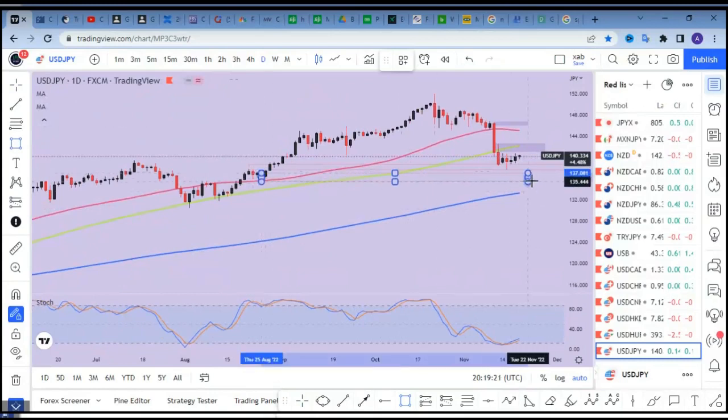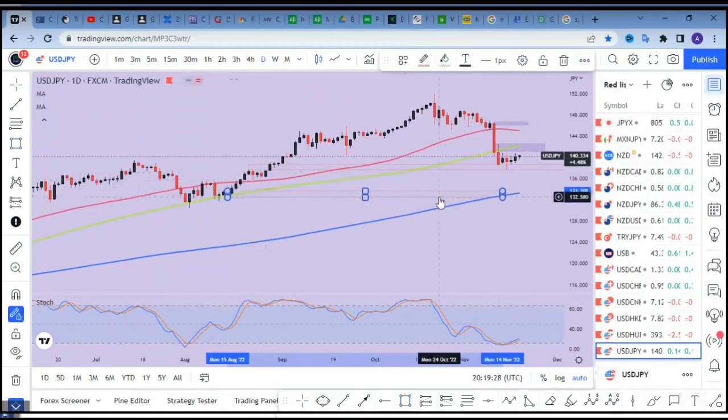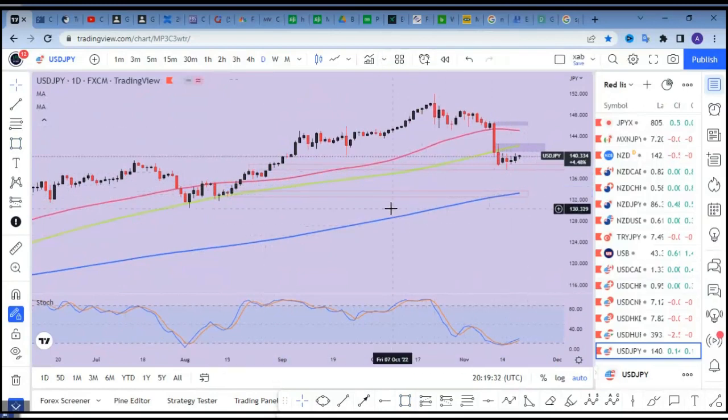This would be the main area that I'll be watching out for, or maybe perhaps even somewhere here. Just maybe. It's a long shot, but I think it's possible.